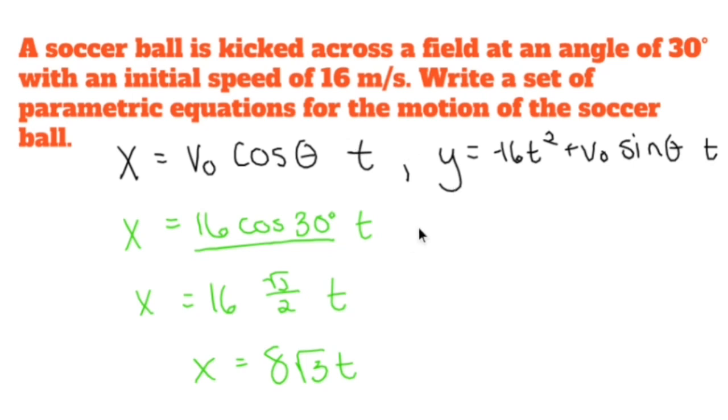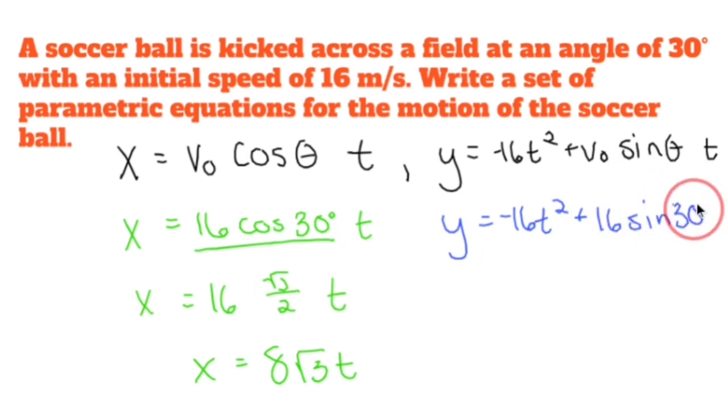This guy, a little more involved, but not the end of the world. Y is going to equal negative 16t squared plus my initial speed, which is 16 again, sine theta, which is sine 30 degrees. Again, t is attached. Sine 30 degrees is a half.